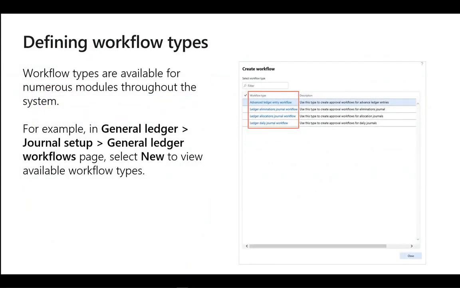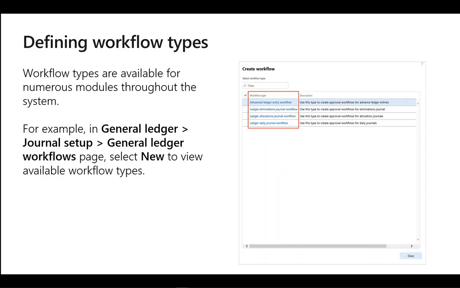Define workflow types. A workflow configuration is based on workflow types. We can create multiple workflow configurations for each workflow type. Workflow types are available for numerous modules throughout the system. For example, in the General Ledger module, if we go to General Ledger, Journal setup, General ledger workflows page, select New to view available workflow types.